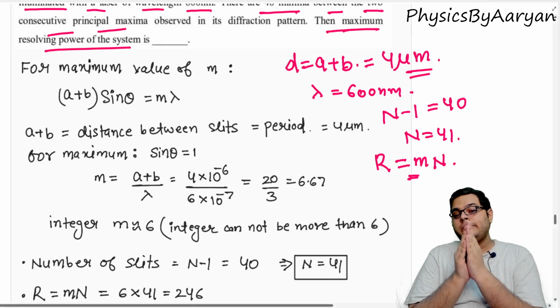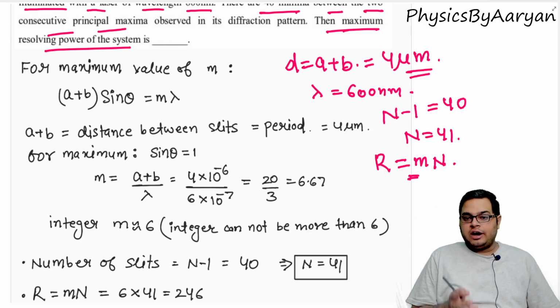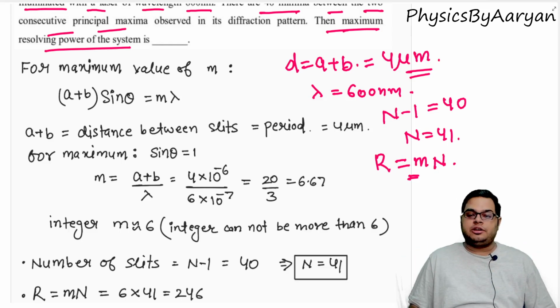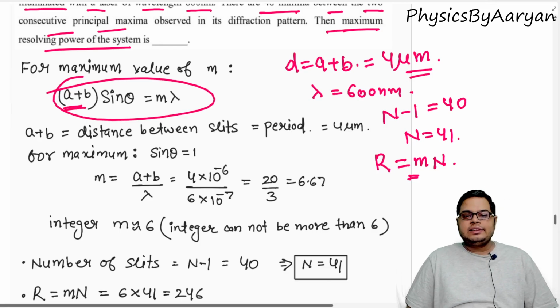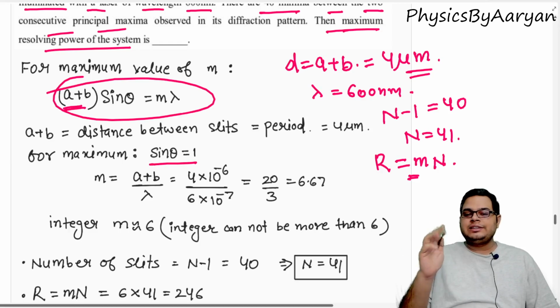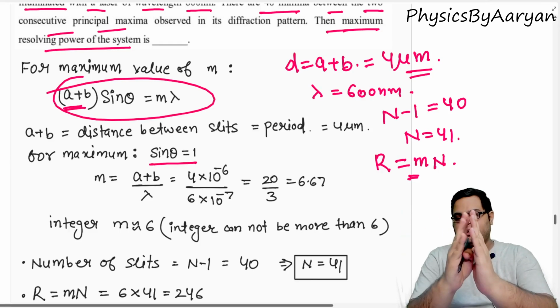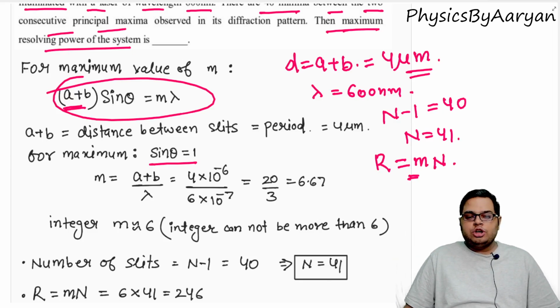How many primary maxima are there? 1, 2, 3, 4, 5, 6. For that, we can use the formula d sin theta equals m lambda. For maximum, sin theta will be 1, because the only thing you are changing is the angle from the center.